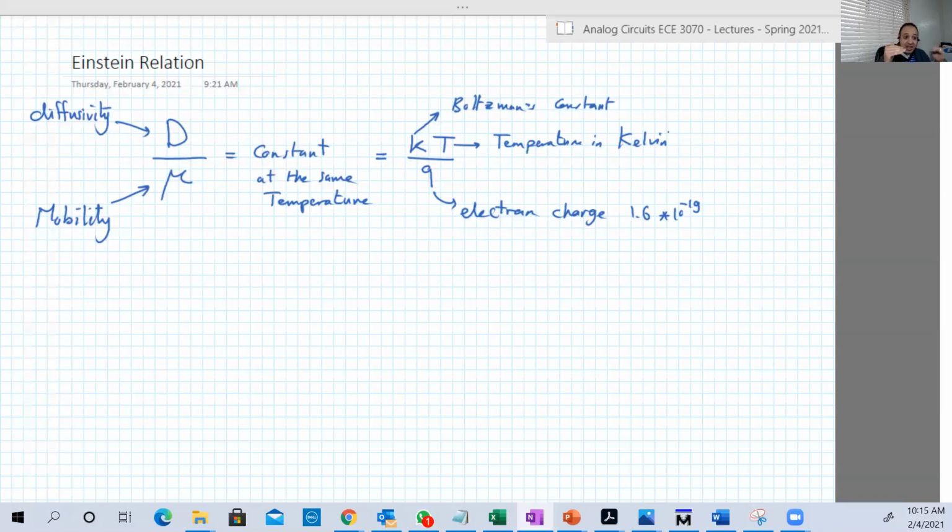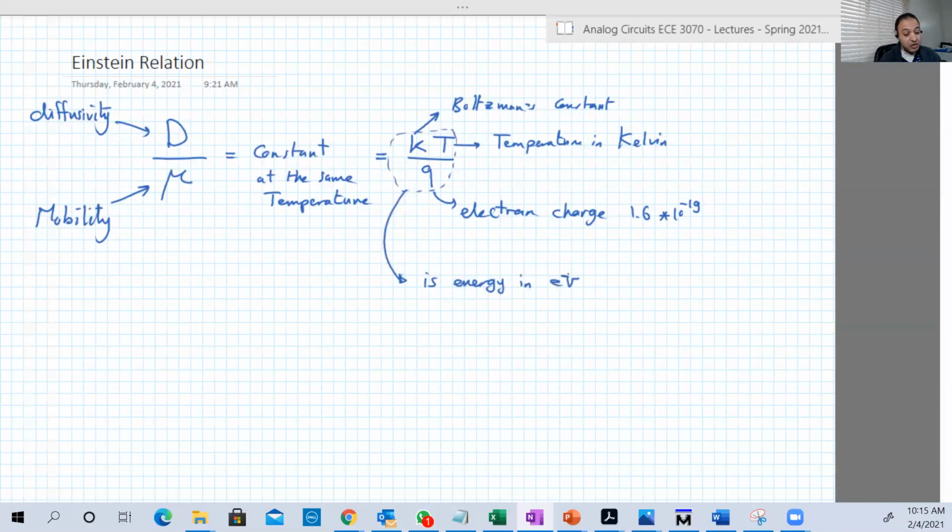But if you divide it by Q, the electron charge, it will be electron volt. So this term here is energy in electron volt, because kT is in joules. When you divide it by Q, you convert it from joule to electron volt. So it's energy at the end.